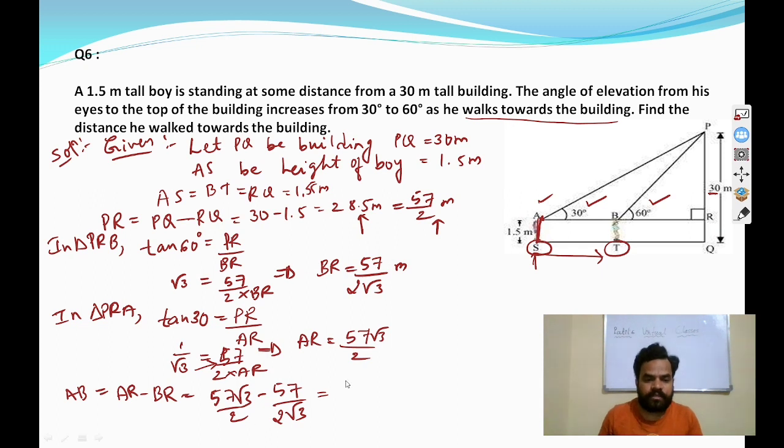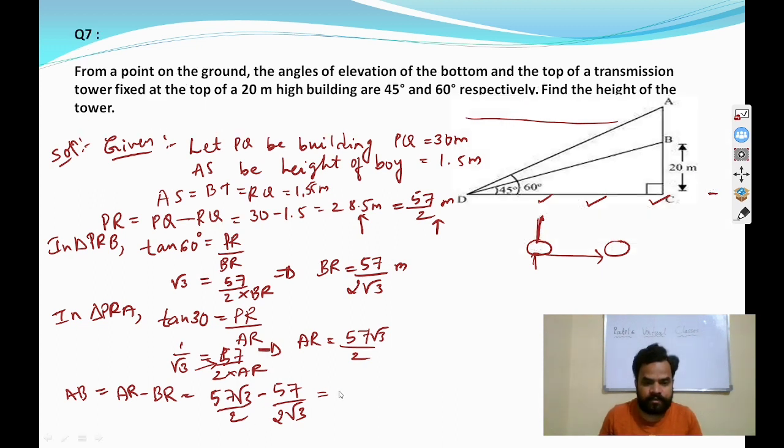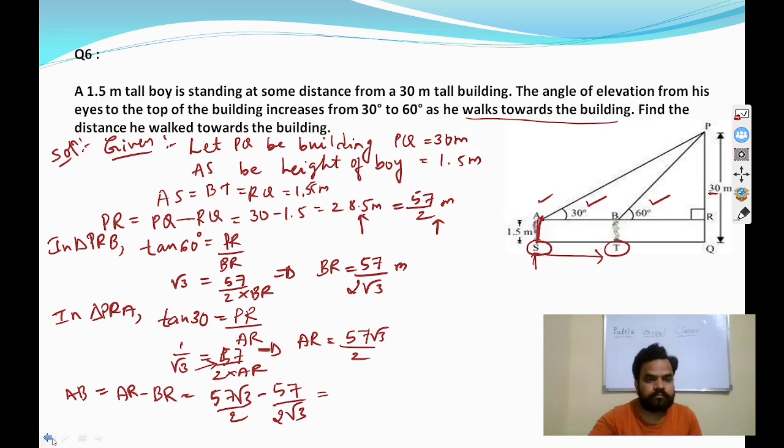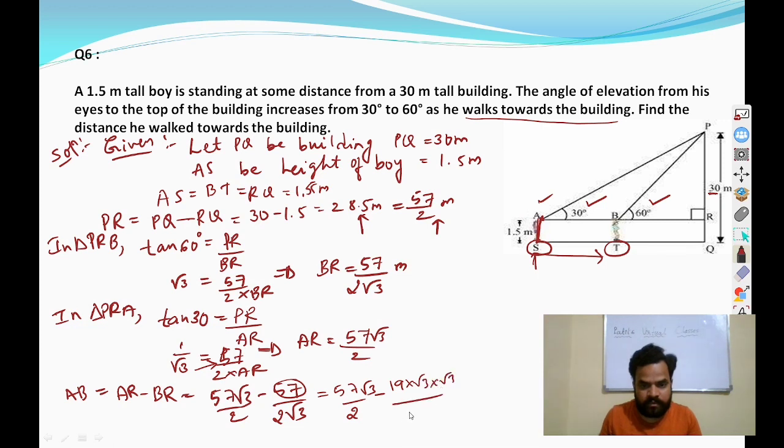And here what we need to do is, I will take this 57 by root 3 as 19 into root 3 into root 3 by 2 root 3, the root 3 cancels.